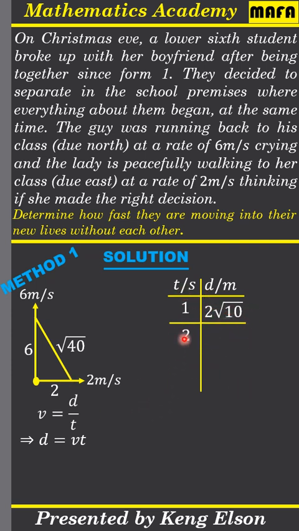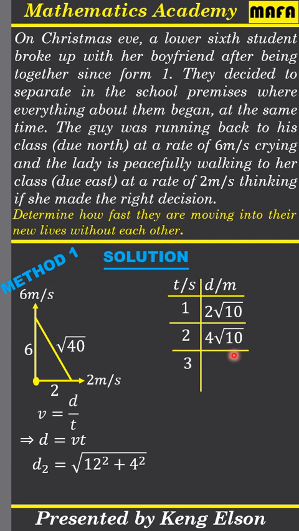So when time is equal to 2 seconds, the distance covered by the lady is going to be 2 meters per second times 2 seconds, which will give us 4. For the guy we are going to have 6 meters per second times 2 seconds, which will give us 12. So the distance is just the square root of 12 squared plus 4 squared. 12 squared is 144. 4 squared is equal to 16. 144 plus 16 is giving us 160, and the square root of 160 can be simplified to 4 root 10, because it is the square root of 16 times the square root of 10.